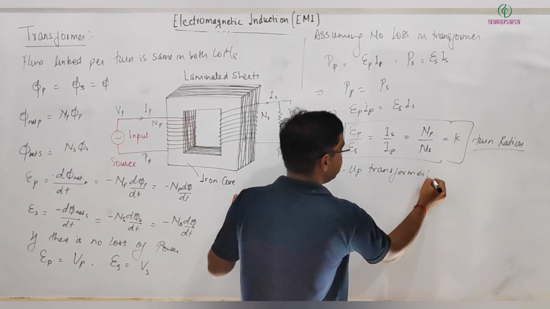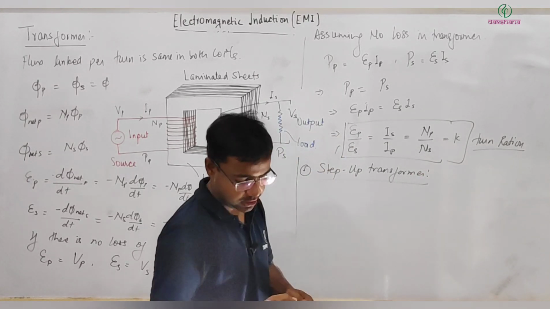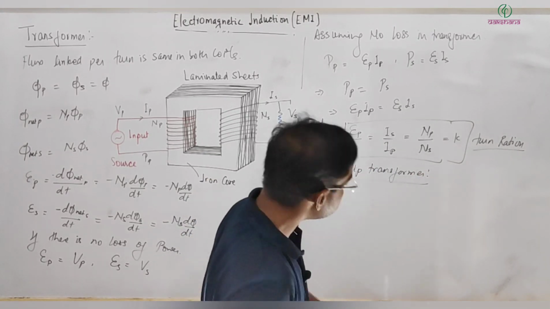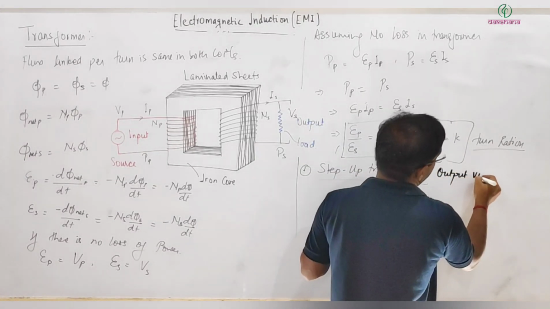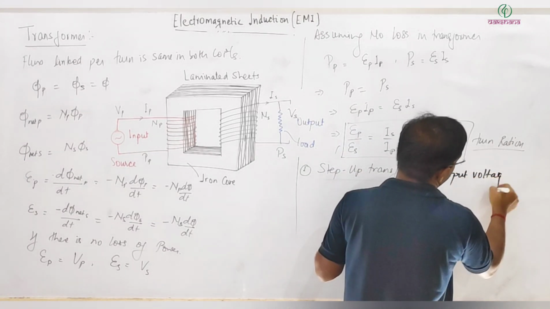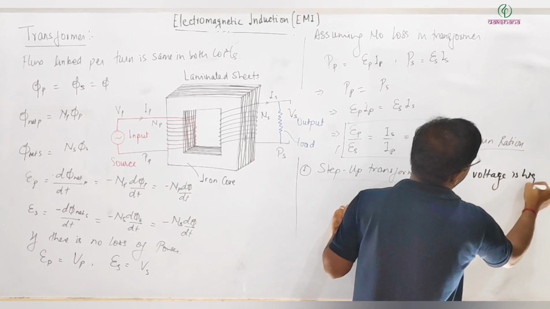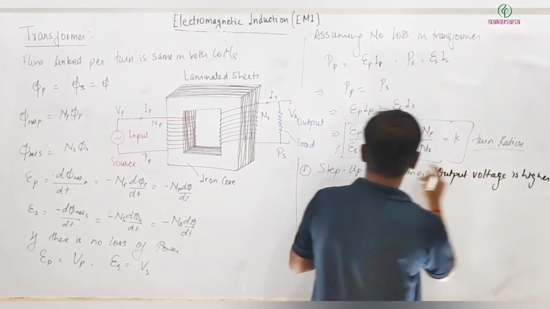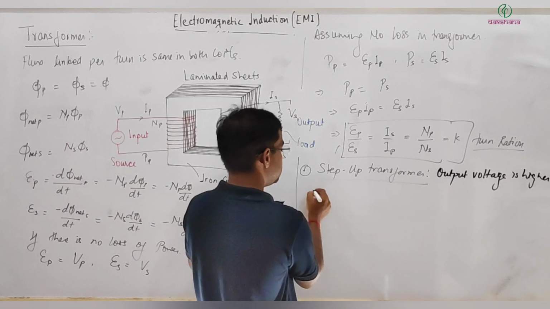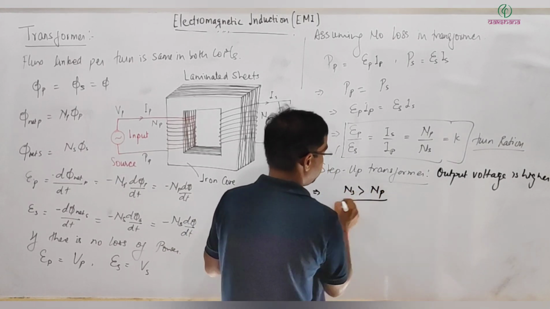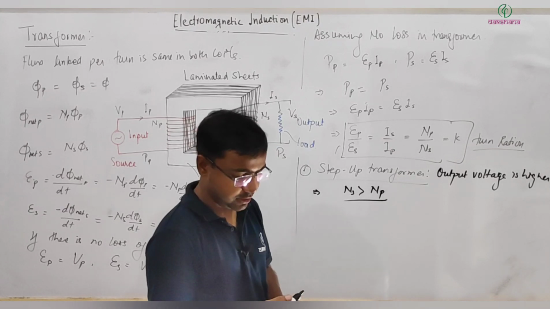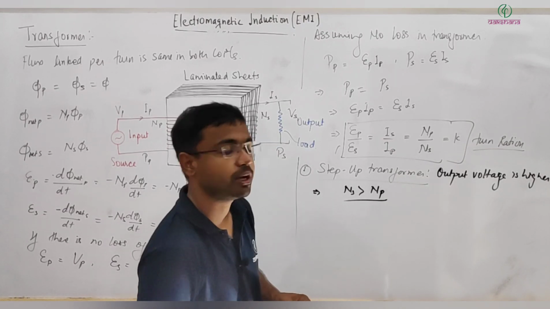It actually increases the voltage, increases the output voltage. Here the output EMF is high, and output means secondary. So in this situation N secondary must be higher than N primary. The number of turns in the secondary circuit must be higher than the number of turns in the primary.